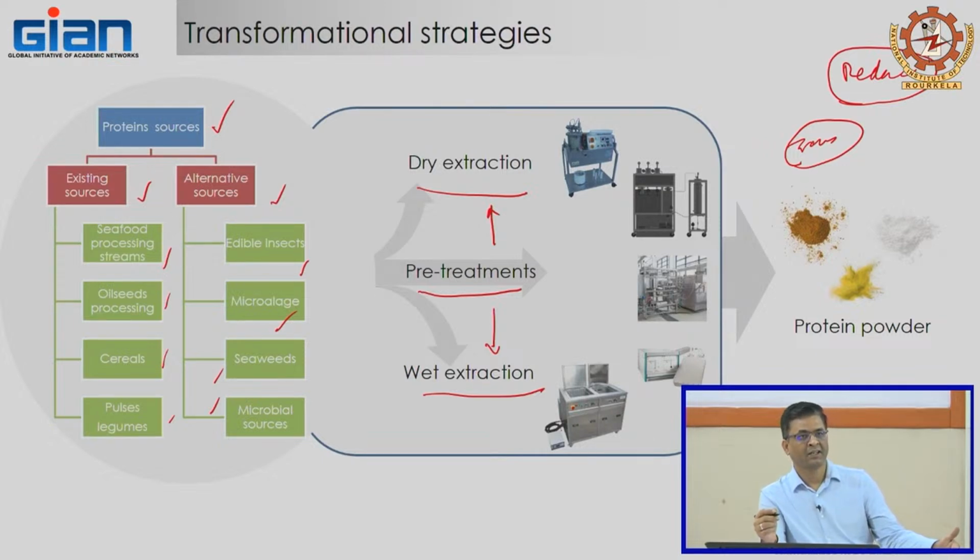Giving demineralization or deproteinization can be considered your pre-treatment, followed by main extraction, depending upon your target compound. There are a number of different technologies which can be used, and after extraction you carry out fractionation or separation, either by membranes or by centrifugal forces, to get your ingredient.